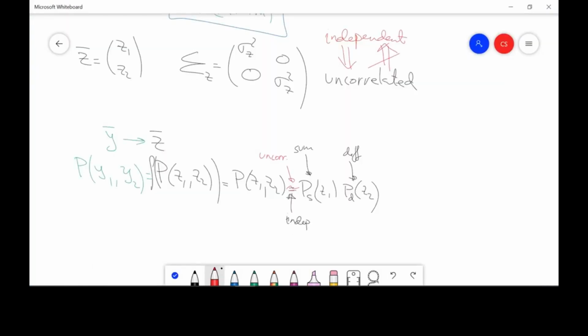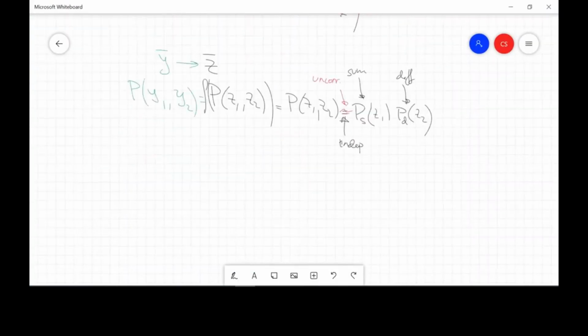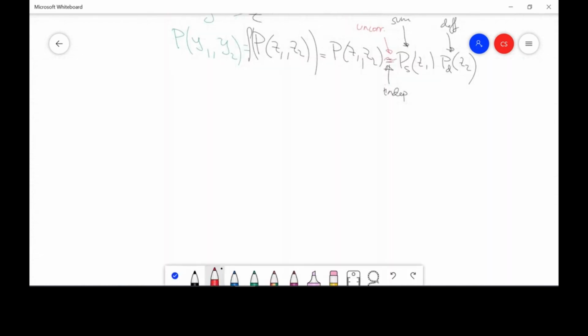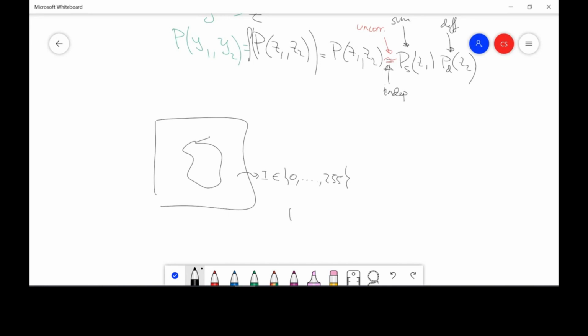Think of the sizes for an image. So let's say that we have an image. So we have here whatever image it is, and whatever texture we have in there. And the values here go from 0 to 255. And we want to construct this probability density function.